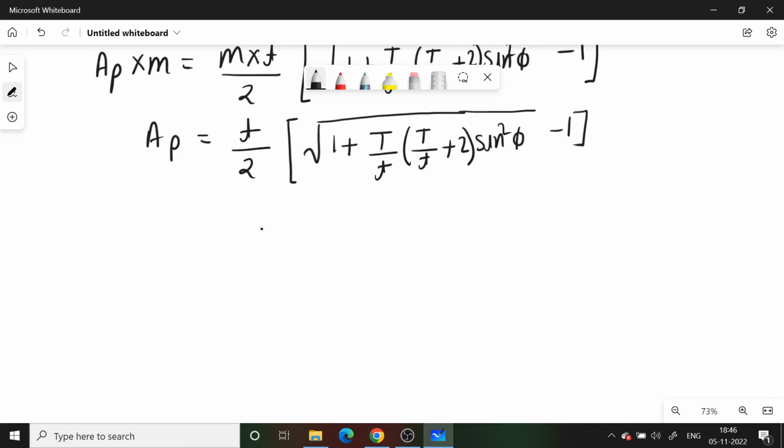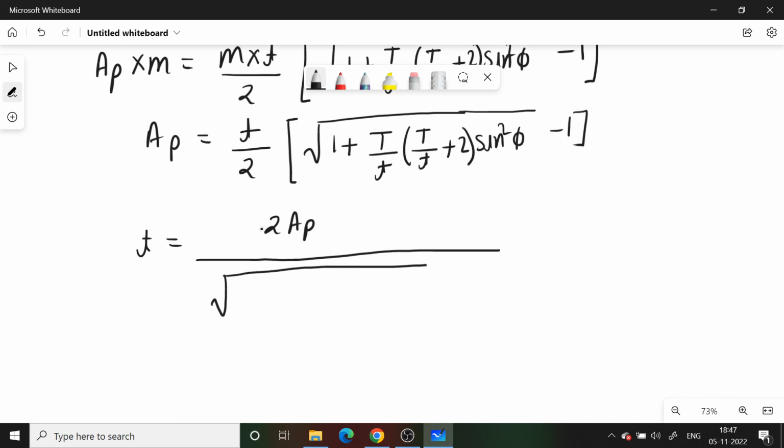Or the number of teeth on pinion, to avoid the interference, will be equal to 2 into AP divided by under root 1 plus capital T upon small t, capital T upon small t plus 2, into sin square phi, minus 1.